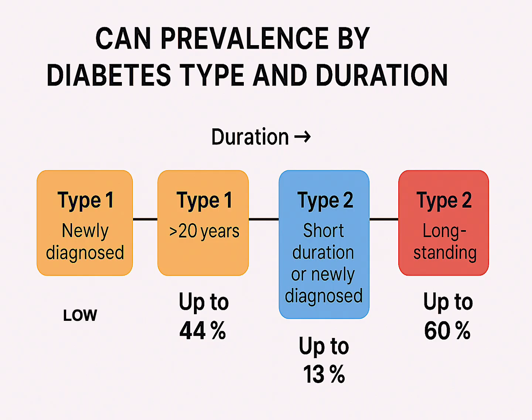However, in those with over 20 years of type 1 diabetes, studies like DCCT, EDIC, EURODIAB, Pittsburgh EDC, and Steno report rates up to 44%. Among individuals with type 2 diabetes, CAN prevalence reaches approximately 13% in early disease, rising to as high as 60% in long-standing cases based on earlier observational data.